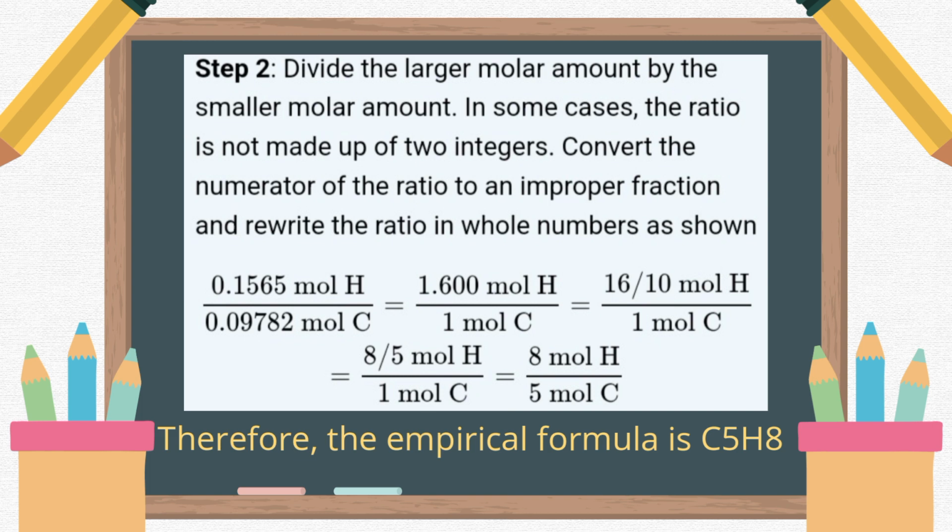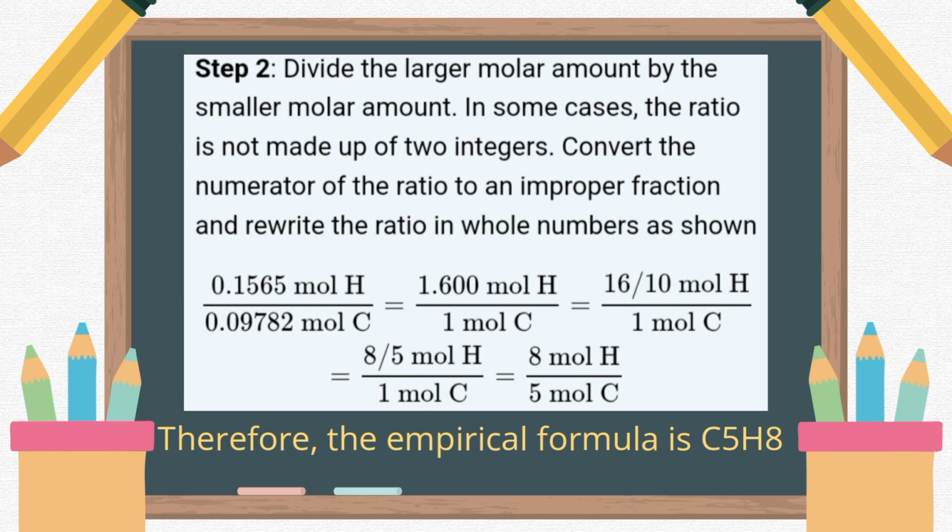So, that would be 16 over 10, 16 moles of hydrogen over 10 moles of carbon. Since dapat whole number ang ato ang answer, ato gihapon pangitaon ang iyang GCF or greatest common factor, which is 2.